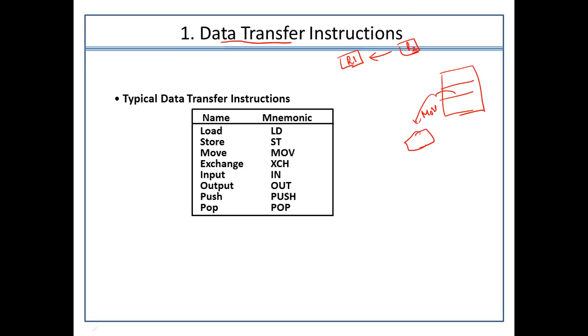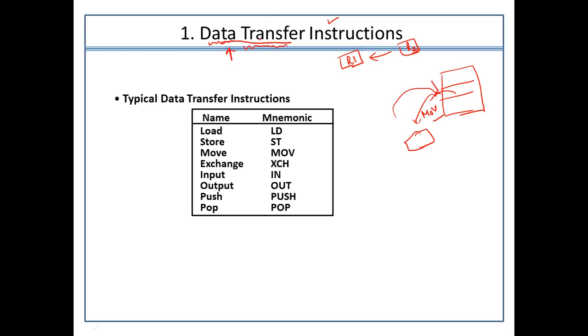It means I am moving the data. So whenever the instruction is responsible for transferring data, either from one register to another register, or from memory to register, or from register to memory in any way, all these instructions will be categorized as data transfer instructions.